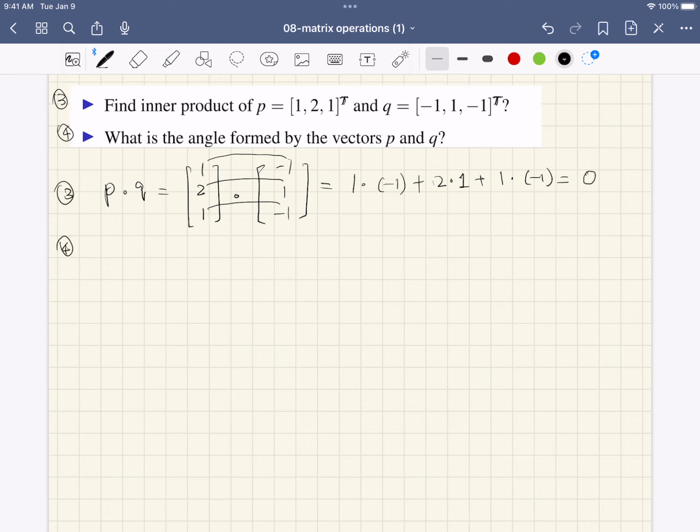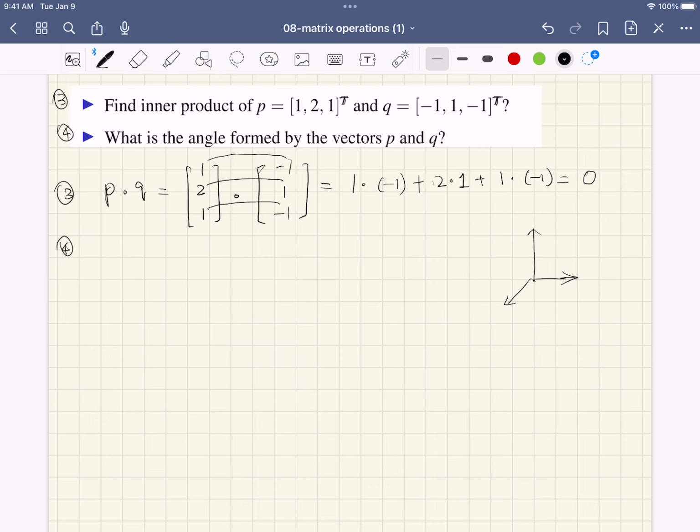Now number 4, what is the angle formed by vectors P and Q? P and Q are living in three-dimensional space, so it's not easily identified as a picture in a 2D plane. If we draw P and Q on a computer screen, which is physically a two-dimensional plane, then the angle is not clear.